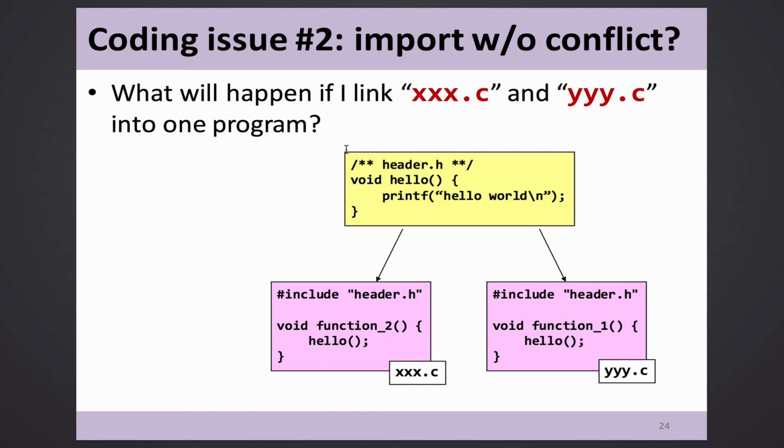Because when you want to compile XXX and YYY together into one binary, these two header files, if you're following the lecture in a regular class, you will know that it's actually a copy and paste. What will happen when you copy and paste this here and this here, and you want to compile these two files into one binary? Name collision. You collide with two same implementations of the hello function.